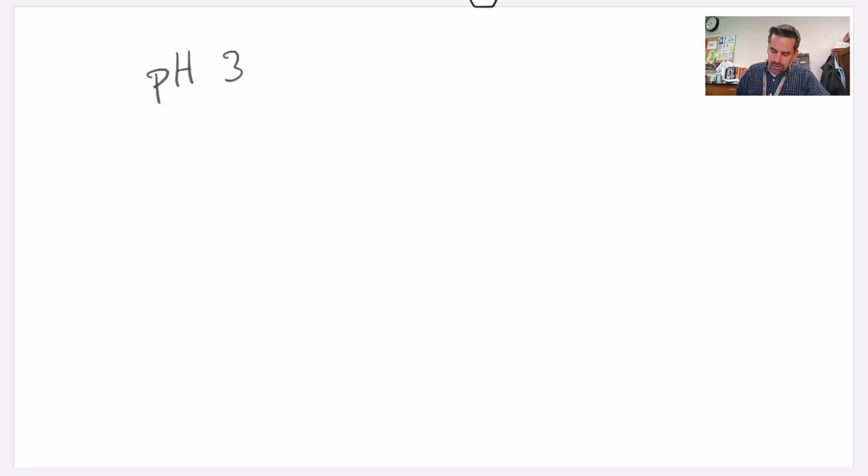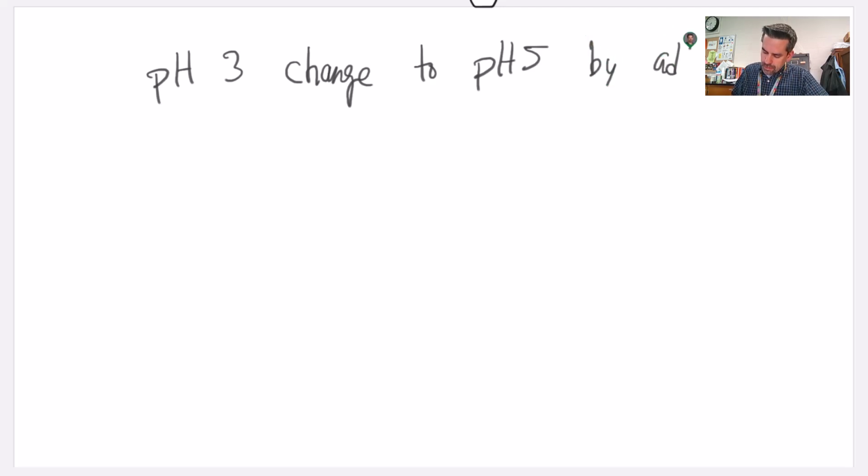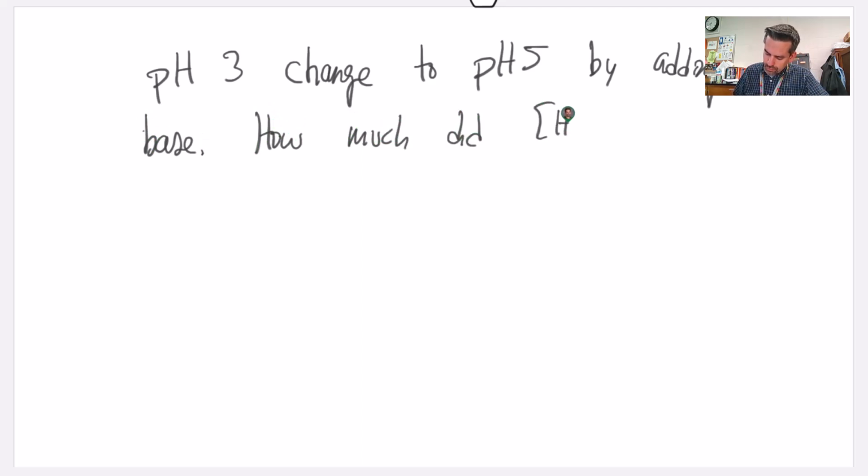and it changes to a pH of 5 by adding, say, a base, and we may increase the pH. How much did the hydrogen, we'll do hydronium this time, concentration change?